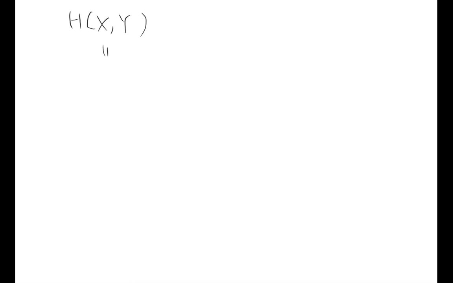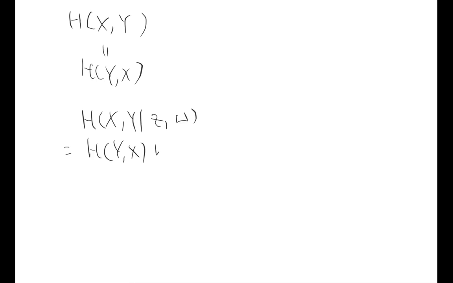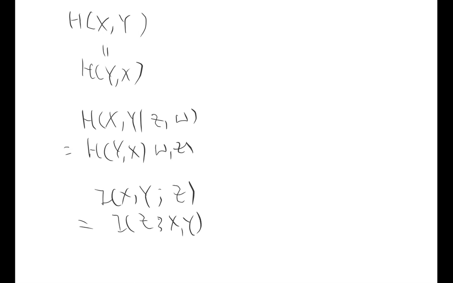I(X;Y) is like I(Y;X), the same, the order doesn't matter. And if you have I(X;Y|Z,W), let's say, it's the same as I(Y;X|W,Z), because which one you condition on first doesn't change anything. So mutual information is symmetric: I(X;Y;Z) will be the same as I(Z;X;Y). But just be careful, this won't be equal to I(X;Y,Z), for example.